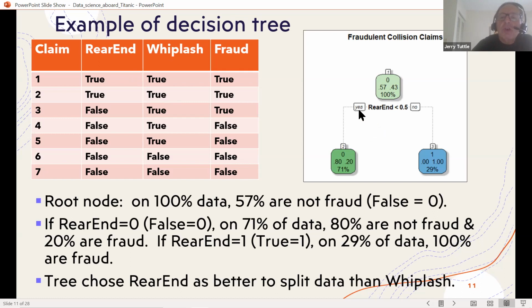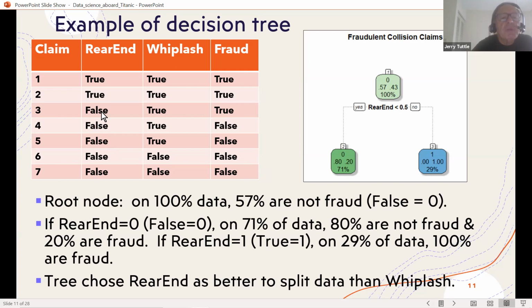And splitting with rear end, which is either a yes or a no. If the rear end is false, which is a 0, that takes you down this path. Rear ends of false are 71% of the data. That's 1, 2, 3, 4, 5 sevenths.